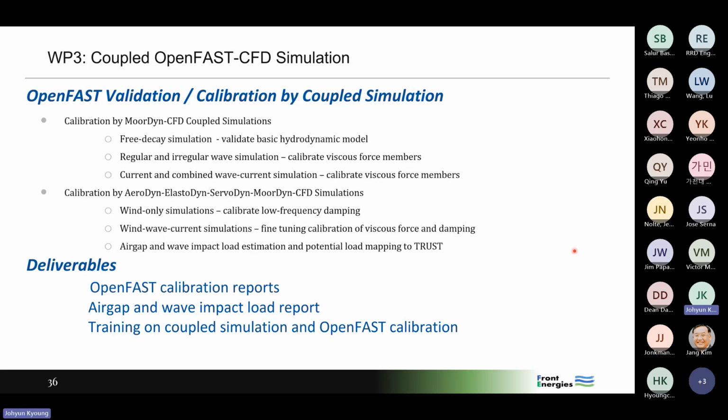That makes sense. We can share some of the validation related to the CFD side from the previous project with the participants. But the direct CFD to TRUST is not yet being proposed in the scope.